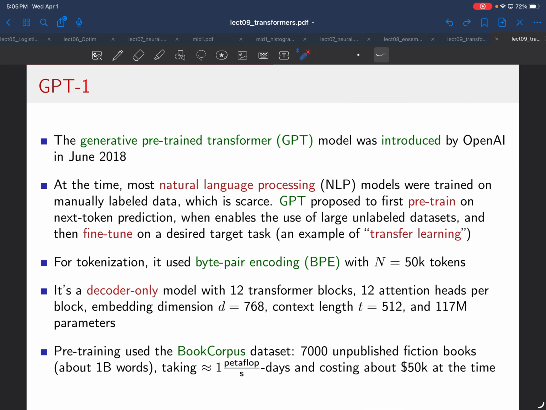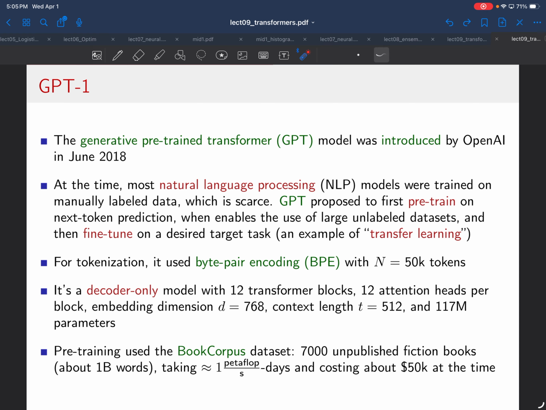So the first OpenAI model called GPT, Generative Pre-trained Transformer, was from June 2018. At the time, most natural language processing models were trained on manually labeled data, which is expensive, so there wasn't much data.